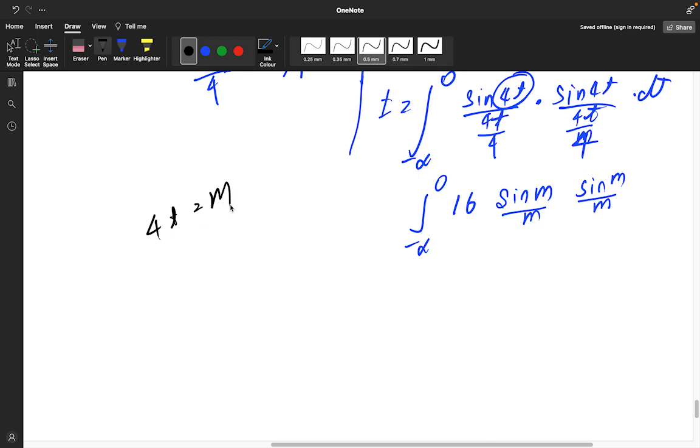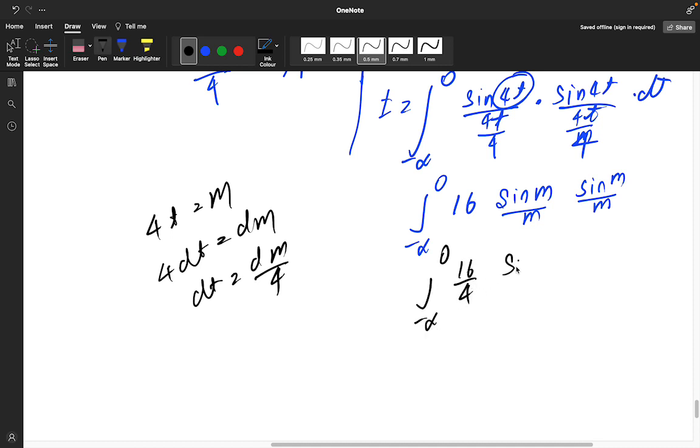So your 4 dt is equal to dm. So the value of dt is equal to dm by 4. So minus infinity to 0, 16 by 4, sampling square m into dm, not dt, dm.